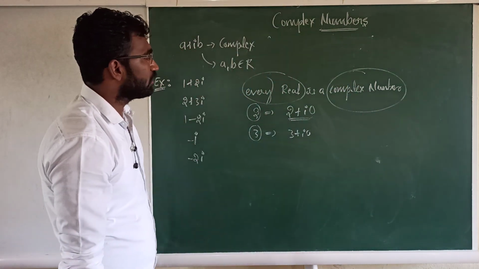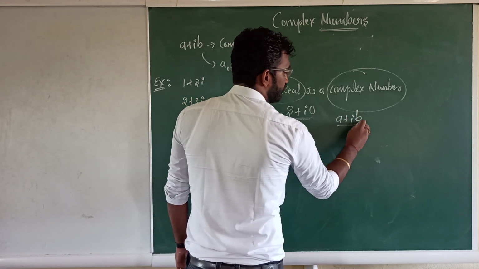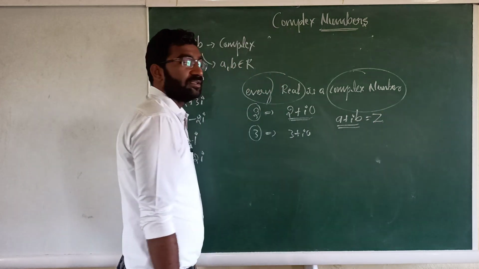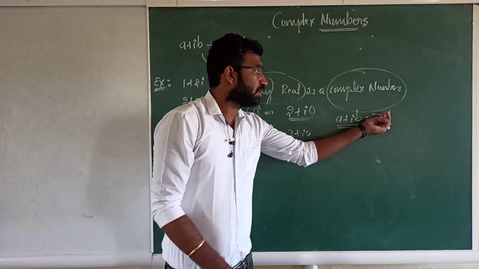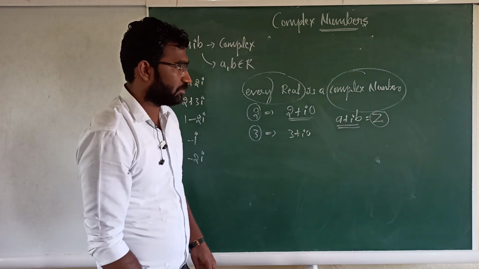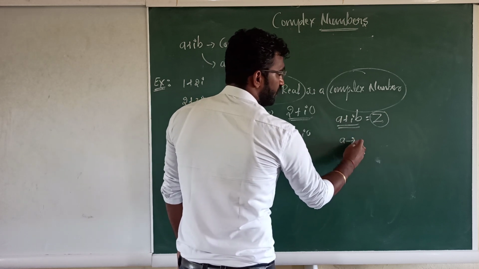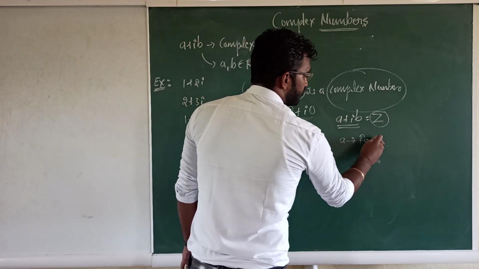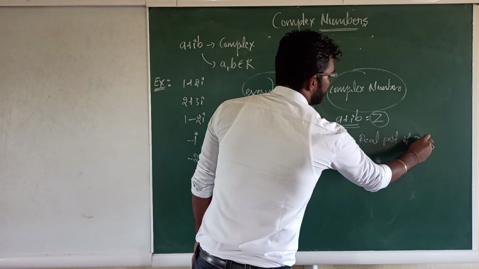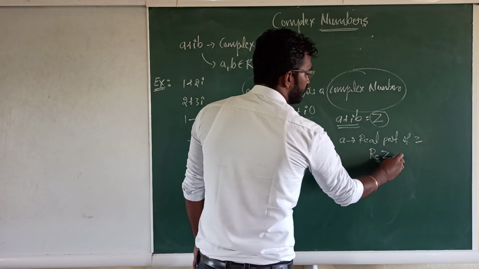So let us move further. If the number is of the form a plus ib, which can be denoted by small z, in complex numbers we are going to use this small z as the representation of the complex number. I am going to write this: a is called the real part of z, which can be written in short as Re of z.